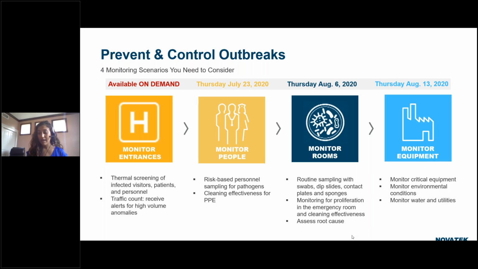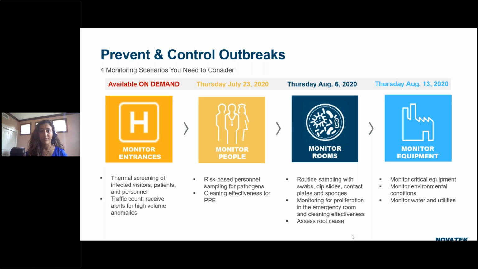And the user may then set limits for alerts and actions if there's an above normal level of people walking in with a fever or higher than normal traffic count. And that's a new technology that we're seeing in other places.